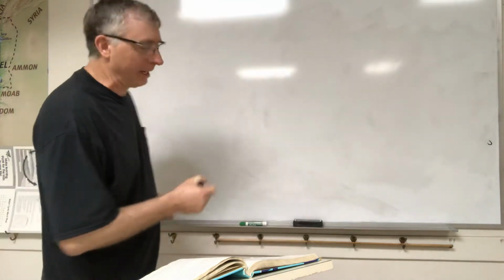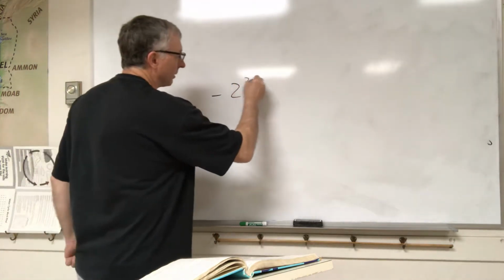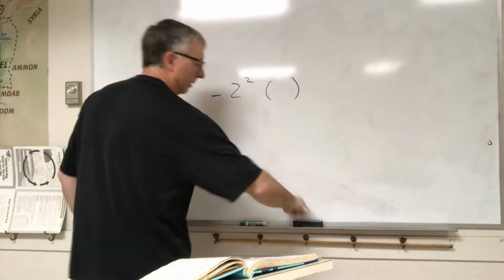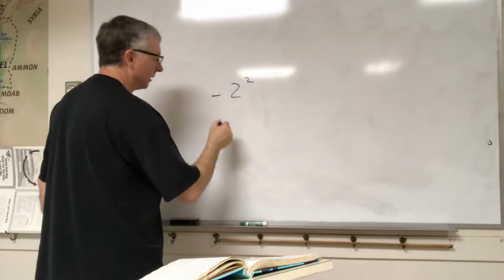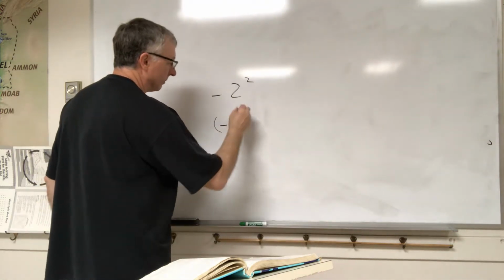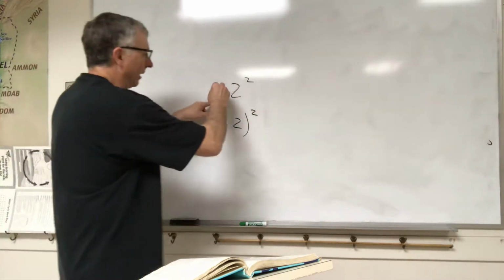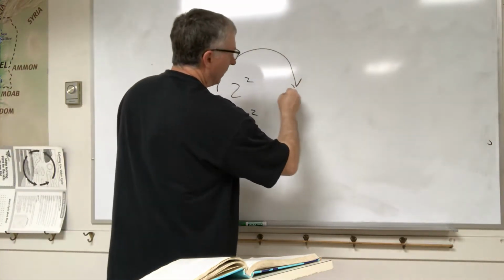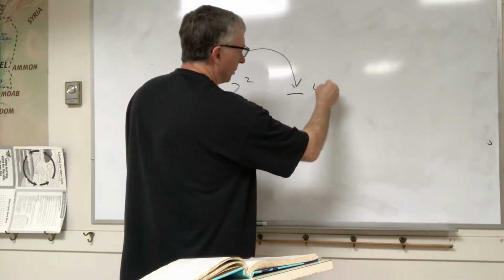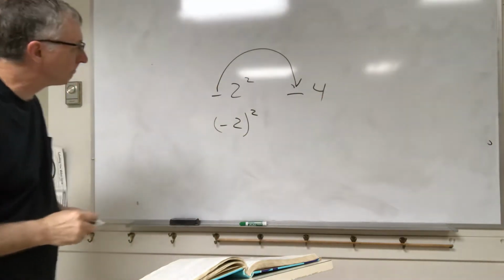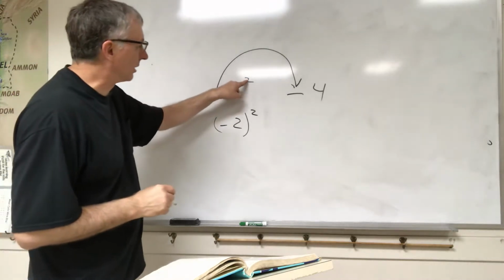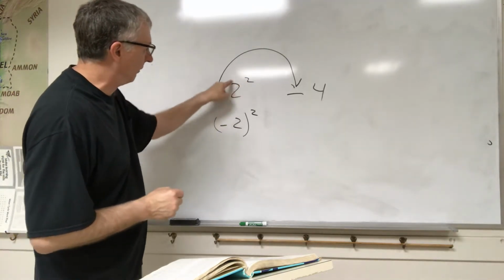And so again, know the difference between this and this and this. In this case here, my negative sign goes back here, and I take 2 times 2, which is 4. Okay? This exponent only affects this number here.